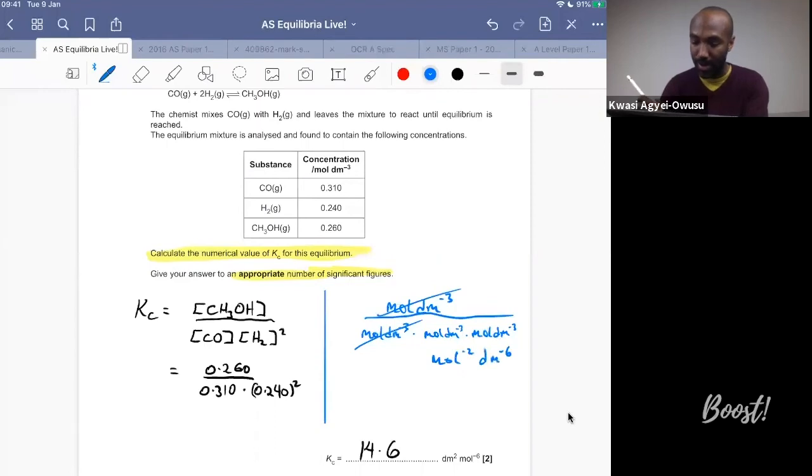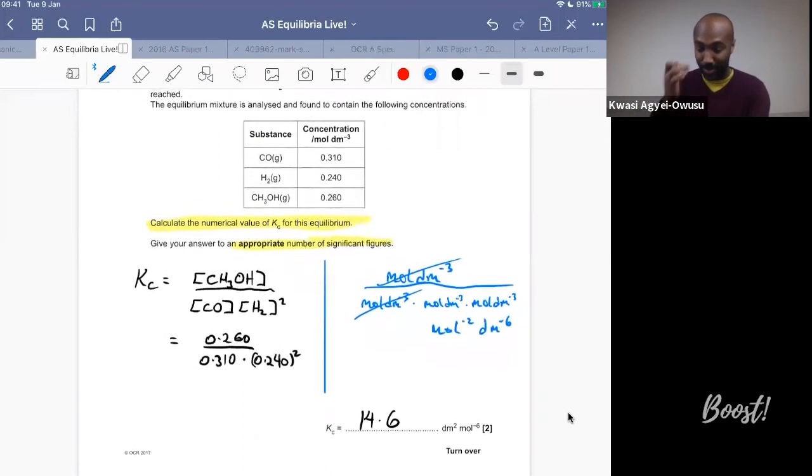Okay, so the thing that might have got this wrong in the exam paper: we've got dm to the power 2 mole to the -6 when it should be the other way around. It should be dm to the 6 and mole 2.